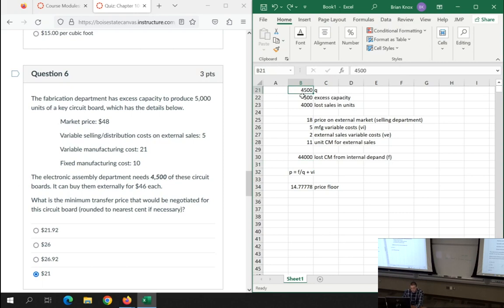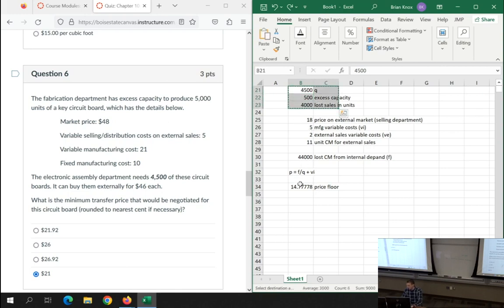The 20,000 is going to be your Q. That's how much the buying department needs. So that's going to be your Q, and then the difference between those is your excess capacity. Oh no, excuse me. The 3,500 is the excess capacity. They have excess capacity of that amount, right? Yeah, that's the excess capacity.